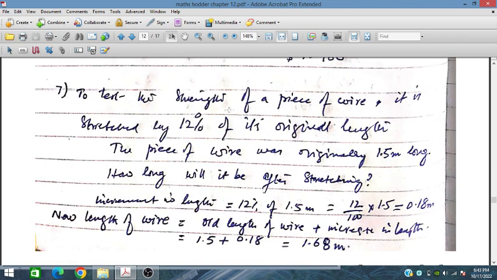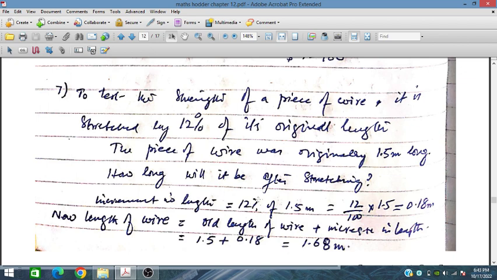To test the strength of a piece of wire, it is stretched and its length increases by 12%. The piece of wire was originally 1.5 meters long. How long will it be after stretching?